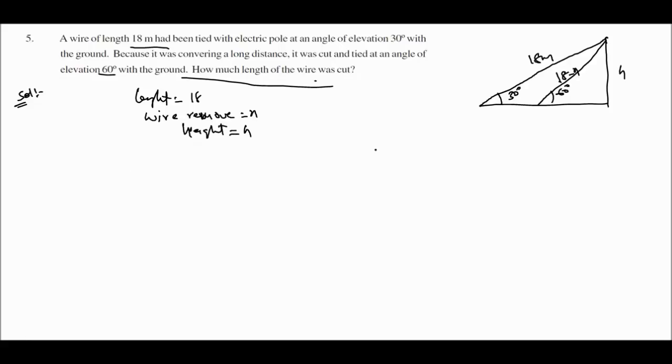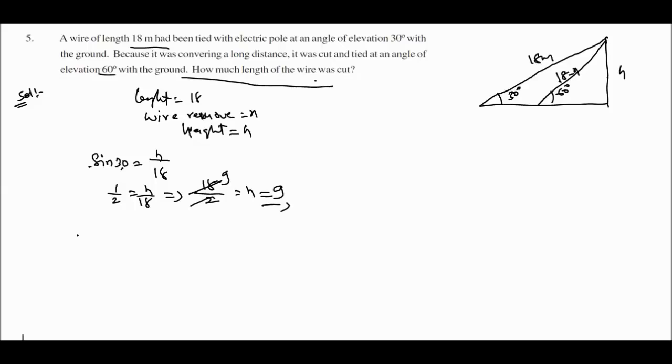Next, sin 30 is equal to, because the hypotenuse is given here, sin 30 is opposite by hypotenuse, which is h divided by 18. Sin 30 is equal to 1 by 2, so 1 by 2 equals h by 18. It becomes 18 by 2 is equal to h. 2 nines are 18, so h is equal to 9.